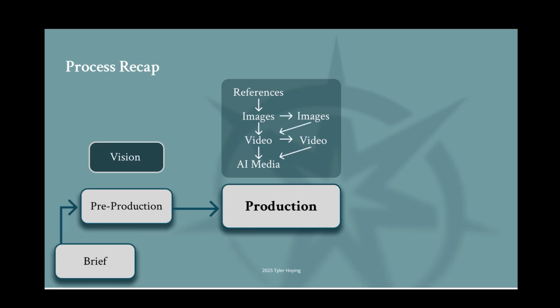But it's not always straightforward. Sometimes we can move from references to images and create further images from that, as in this project. I created first character references and scene references, and then used those to merge together before creating video from that content.